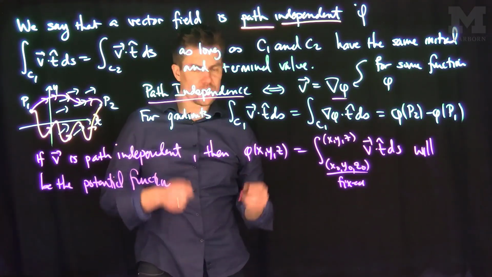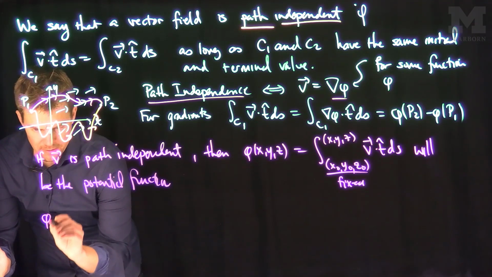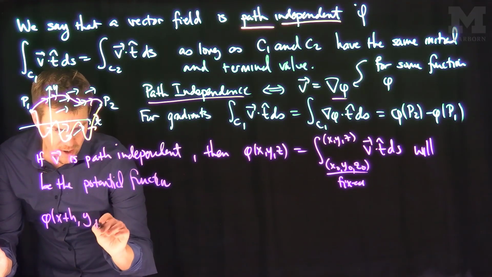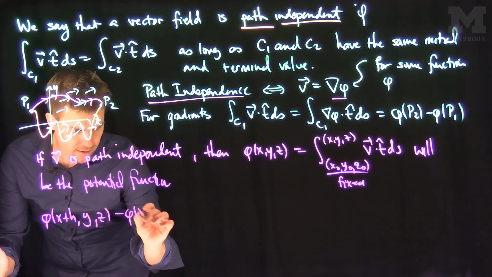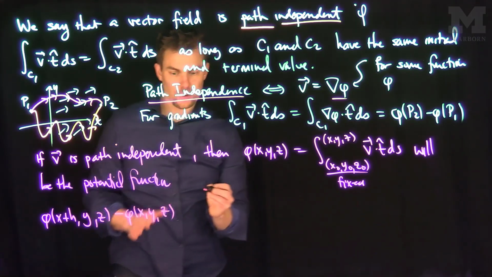And how can we see that? Well, what we can do is we can look at the difference phi of x plus h comma y comma z minus phi of x, y, z. Let's think about what this would be. Let's write down the two integrals.